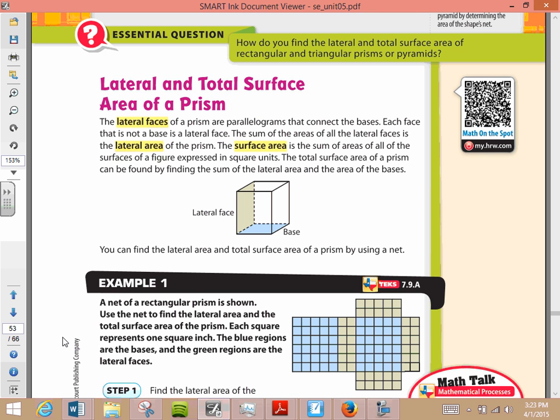Well, in English it means the same thing, the sides. So when you hear the word lateral, we're talking about the sides, literally the sides only. The rectangles that Rafael pointed out. These rectangles right here. I'm not talking about the base on top or the bottom, only the rectangles.